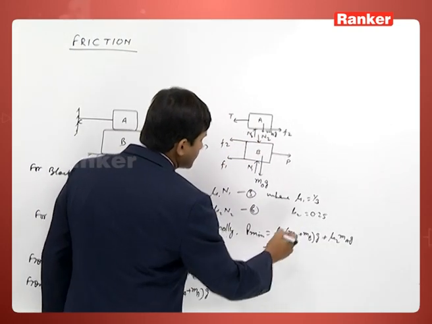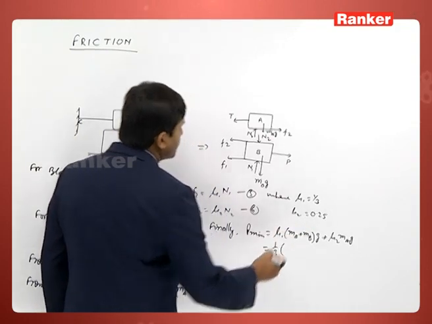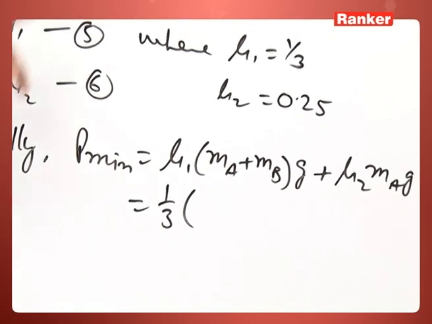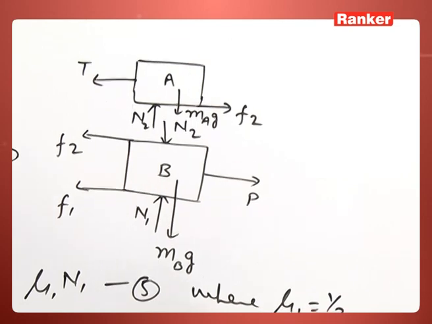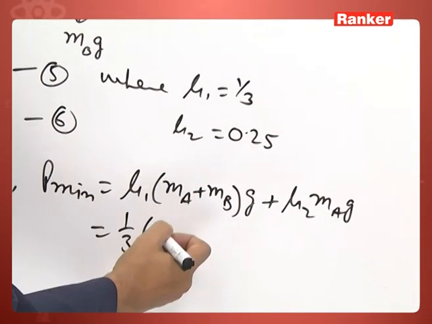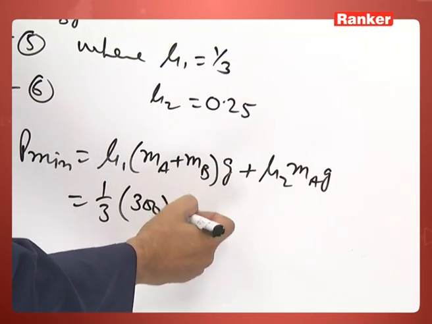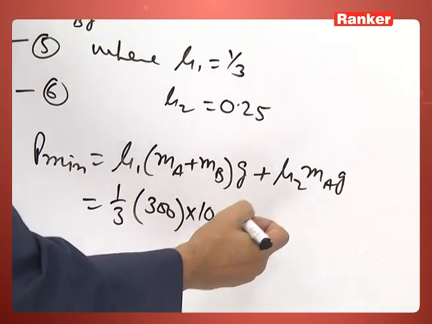Now see the values. Mu 1 is 1 by 3. Mass of block A is given 100 kg, while mass of B is given 200 kg. 100 plus 200, 300. G value given 10, into 10, plus mu 2 given 0.25.